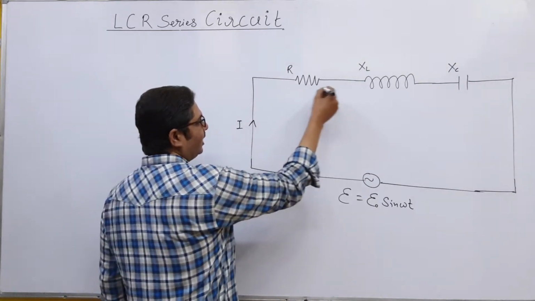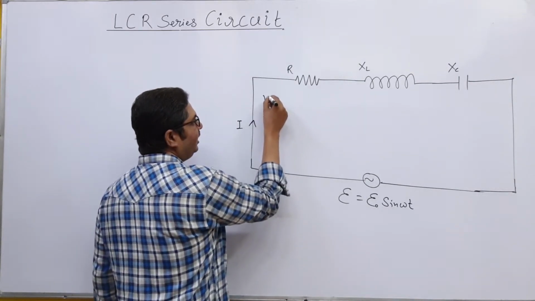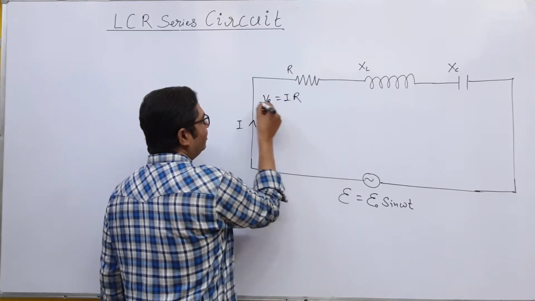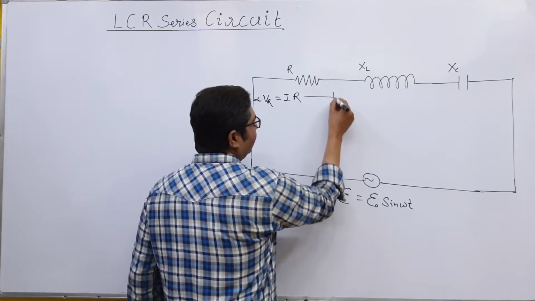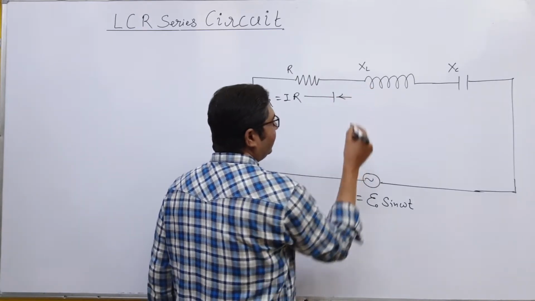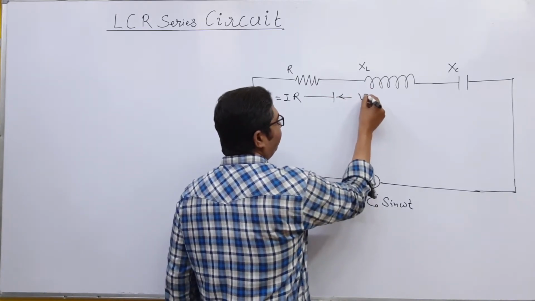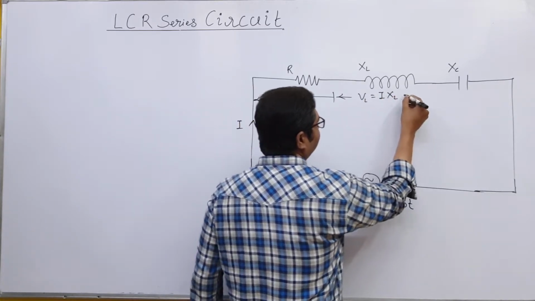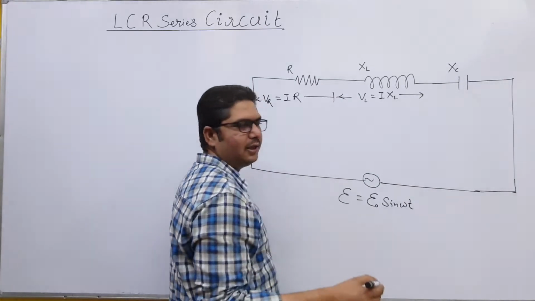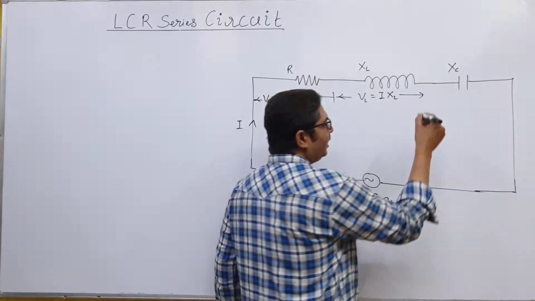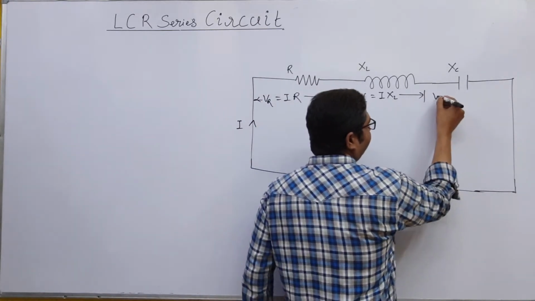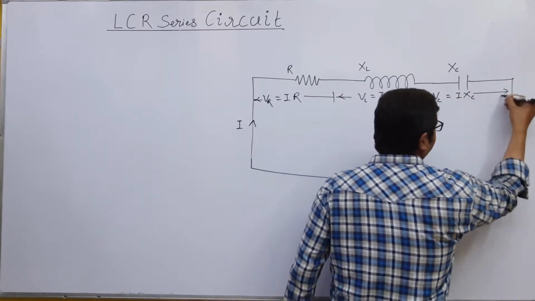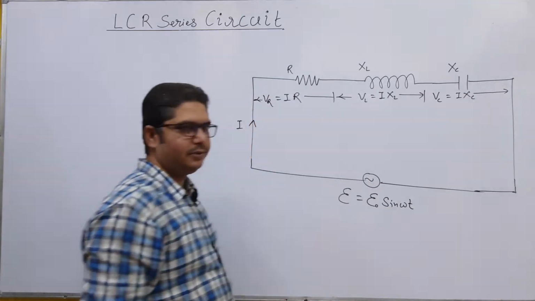So the voltage across the resistance is VR equals I into R, and the voltage across the inductor is VL equals I into XL, and the voltage across the capacitor is VC equals I into XC. These are the voltages here.